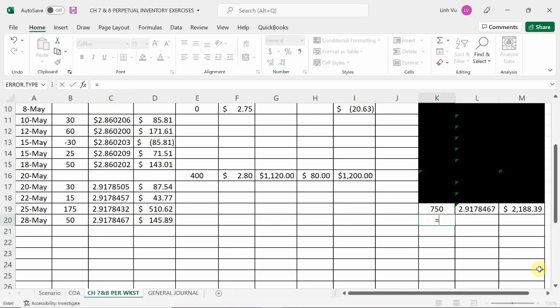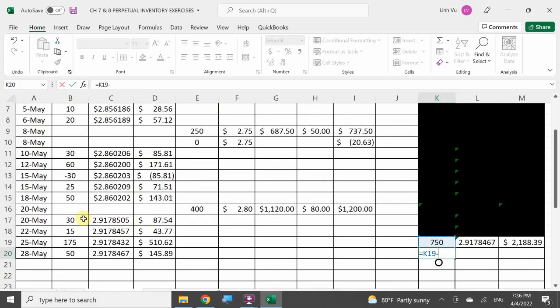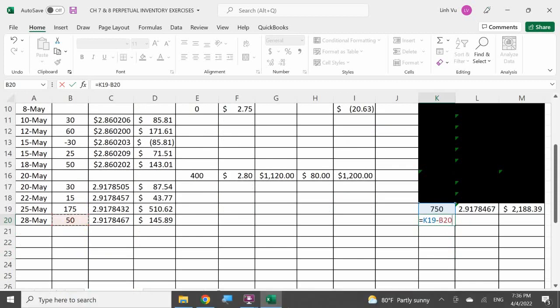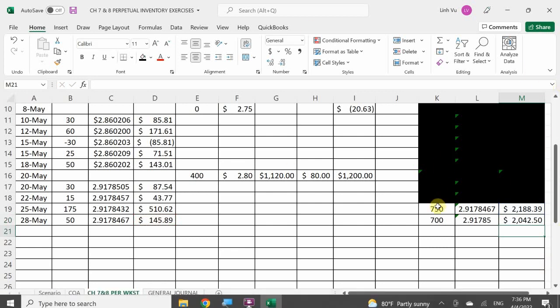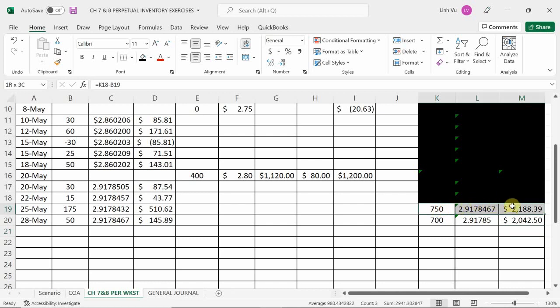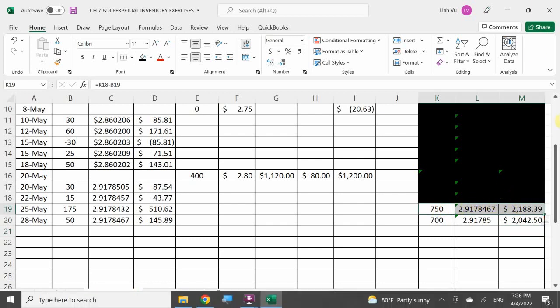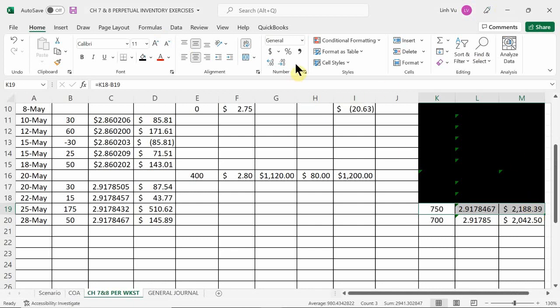We're going to subtract that 50 units to get a grand total of 700 units left, right? We're going to subtract this cost of $145.89 to give me a grand total of $2,042.50. Wow, how magical it panned out to be an even penny.